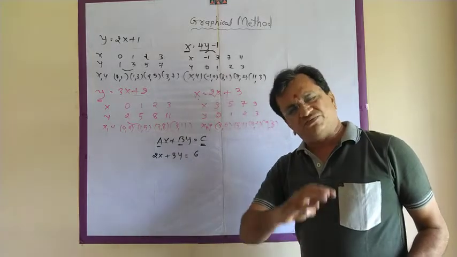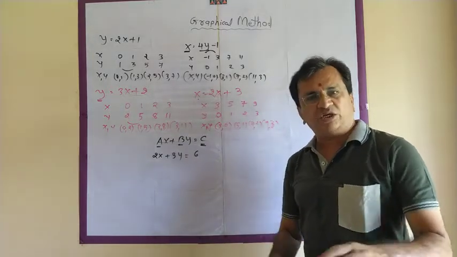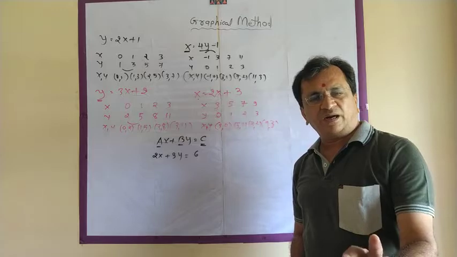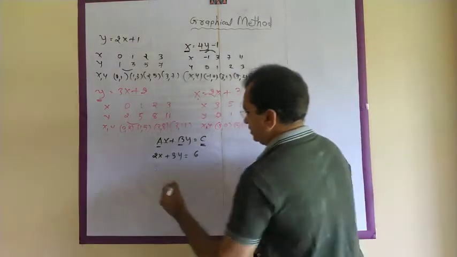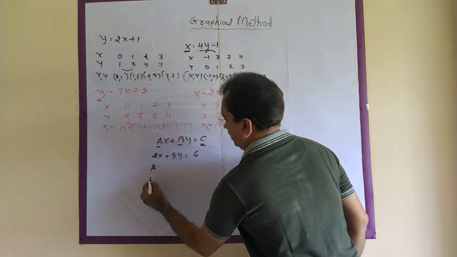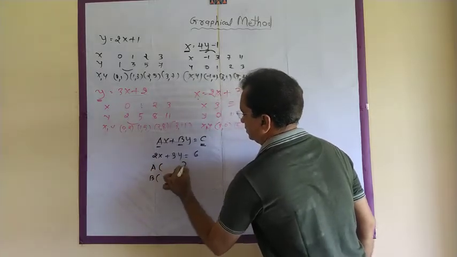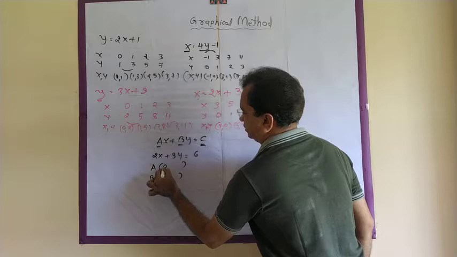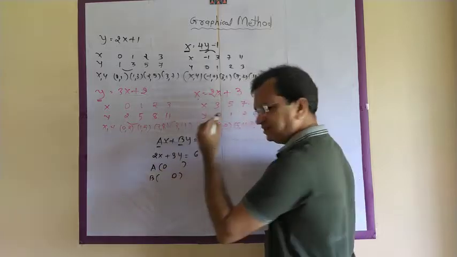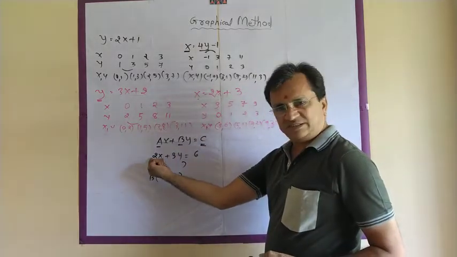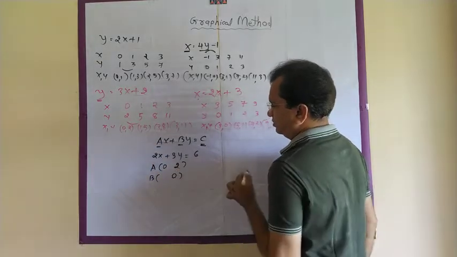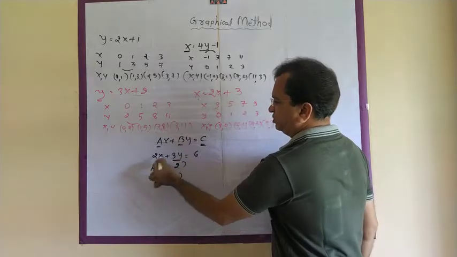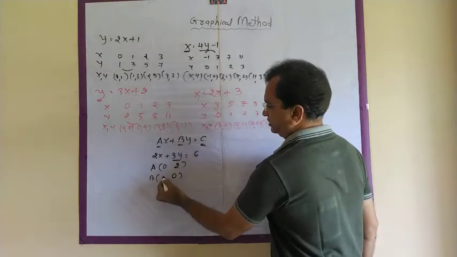So at that time it is very easy to get two coordinate points to draw a line on a graph. See how. Consider A and B. Substitute x is equal to 0, substitute y is equal to 0. Suppose x is equal to 0, 3y is equal to 6, so y is equal to 2. Suppose y is equal to 0, 2x is equal to 6, so x is equal to 3.